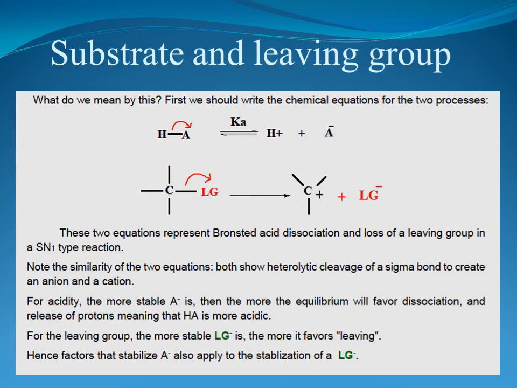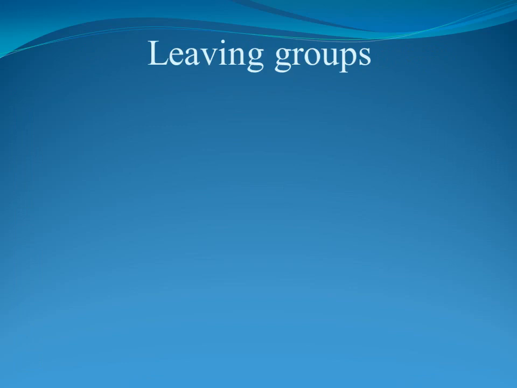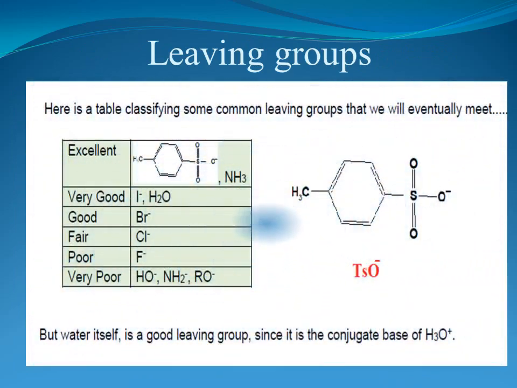Students, let us study some leaving groups. Here is a table classifying some common leaving groups that we will encounter. Excellent leaving groups are the tosylate group and ammonia. Why are they excellent leaving groups? Because after the bond breaks and they depart, they stabilize themselves, even though they carry a negative charge. Now observe the tosylate group.